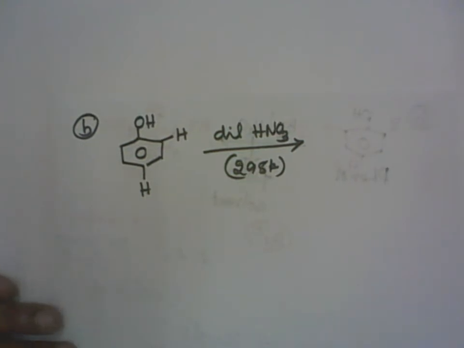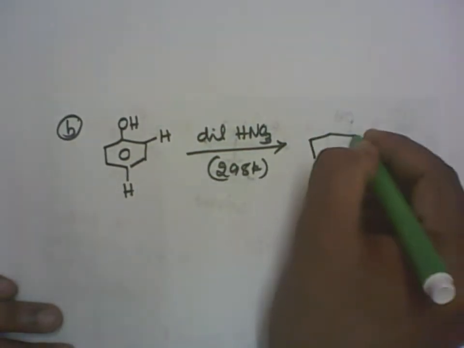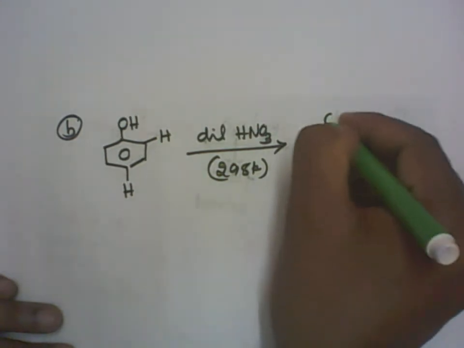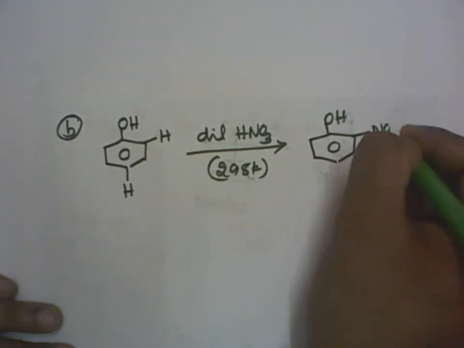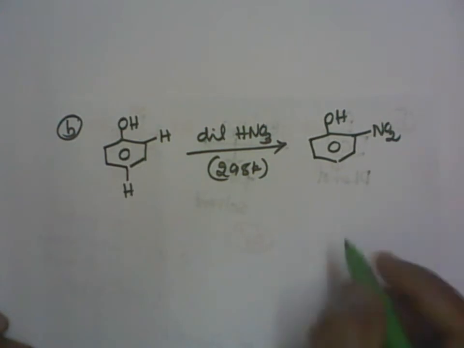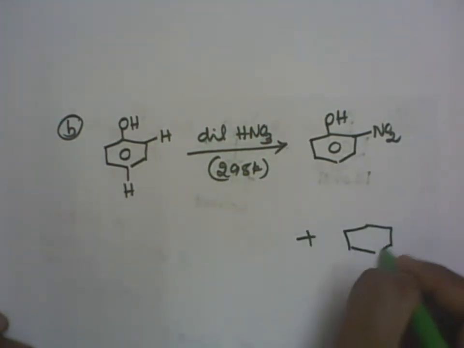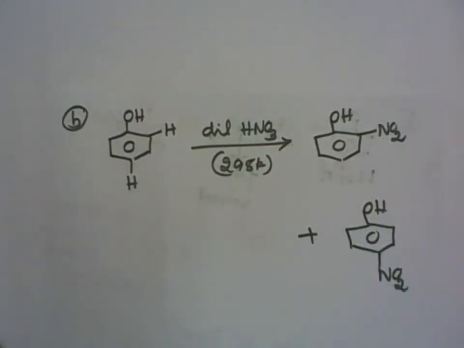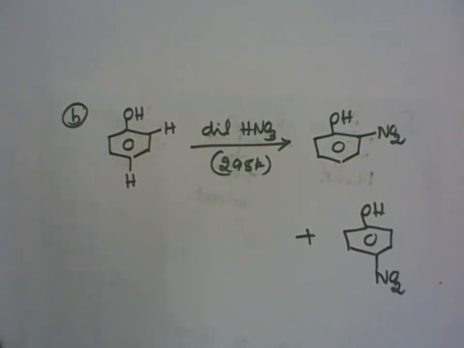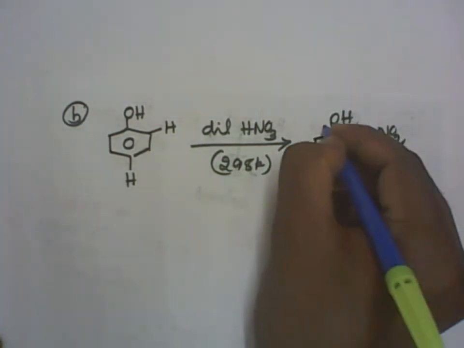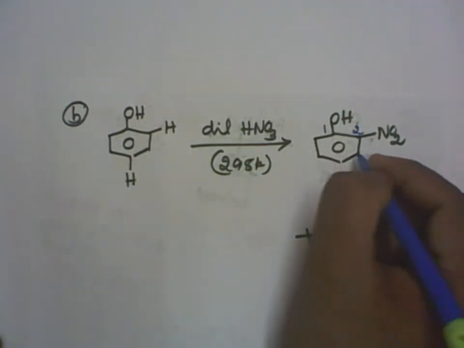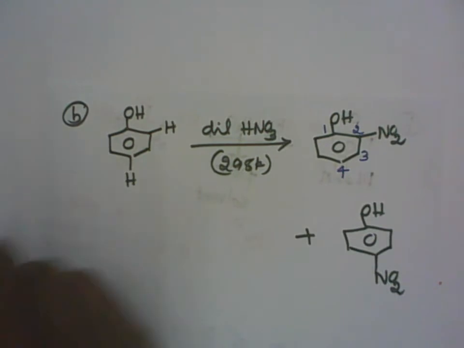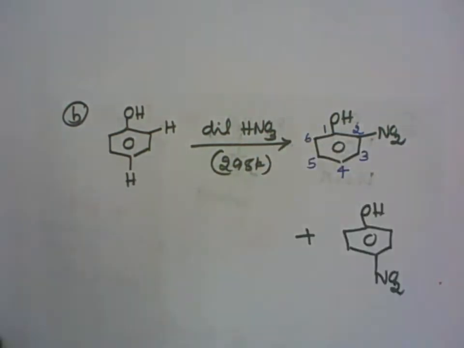Okay. So we'll get now two different products. We have phenol with the nitro group at the ortho position. Then the second product, benzene ring OH with NO2 at the para position. So we'll get a mixture of ortho and para products. Okay. Now we'll write down the names of these compounds. Carbon number 1, carbon number 2, carbon number 3, carbon number 4, carbon number 5, carbon number 6.